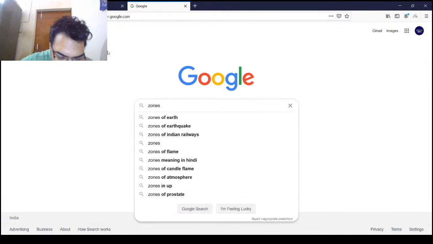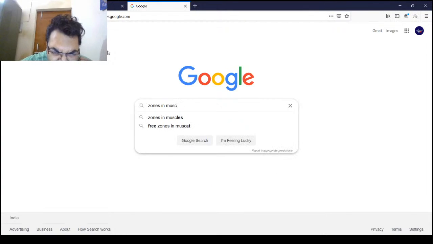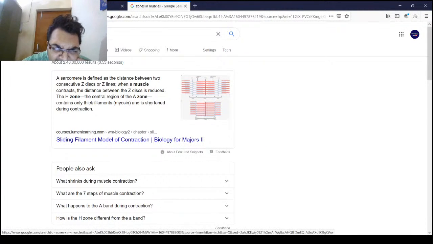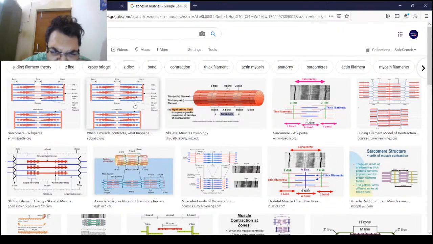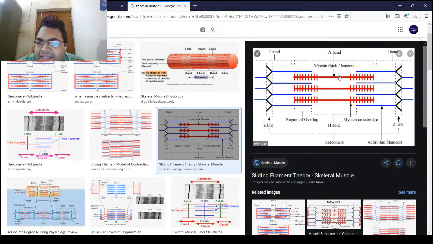Zones in muscle fiber. You'll get good images like this. It's a good image. Just see the A band. You have a little bit of overlapping. In the H zone, only the thick filaments.